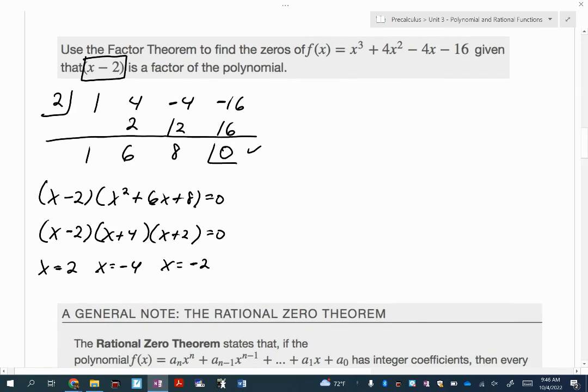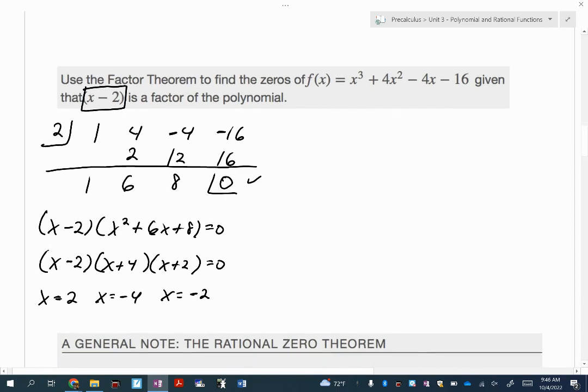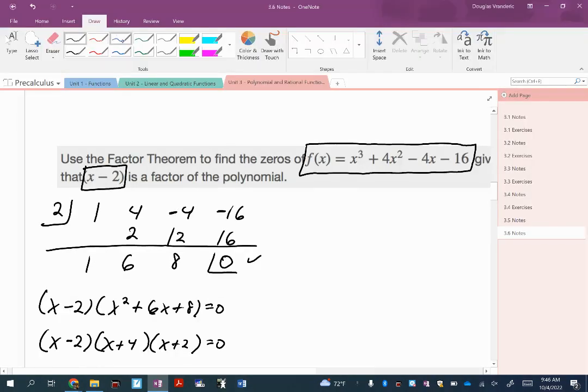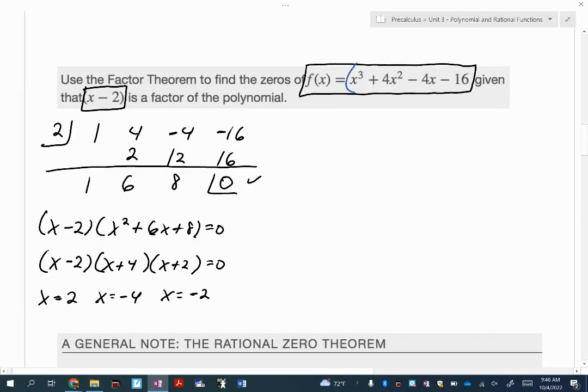Now, I'll just be honest with you guys. I know this problem was asking me to do a different process, but if this problem had just said find the zeros of this any way you want, the first thing I would have tried is to factor by grouping. So I would have grouped these first two and gone x squared times x plus 4 minus 4 times x plus 4. So I would get x squared minus 4 times x plus 4.